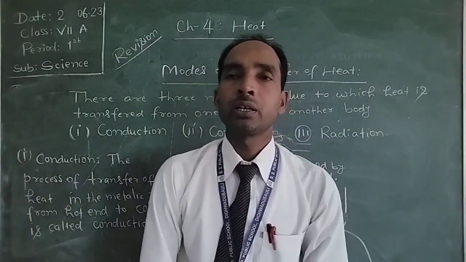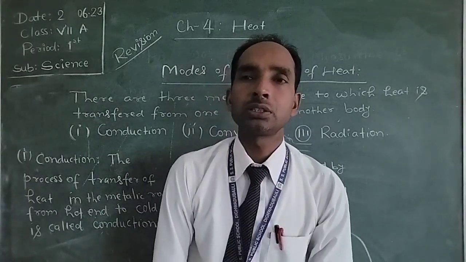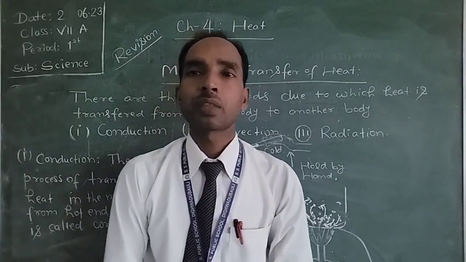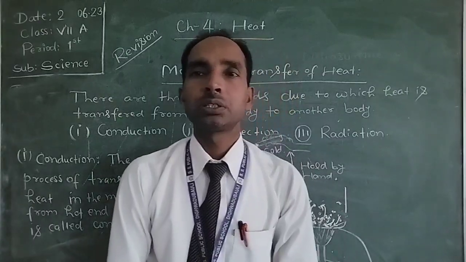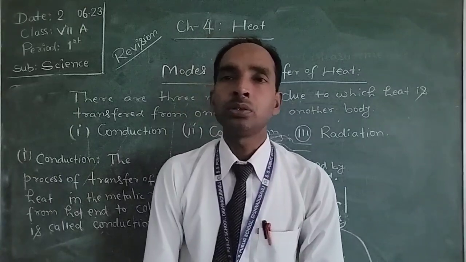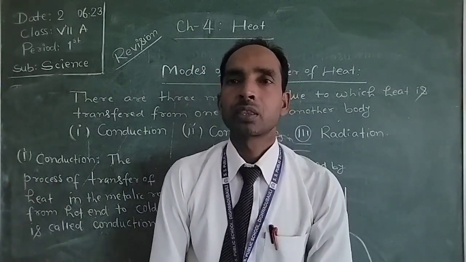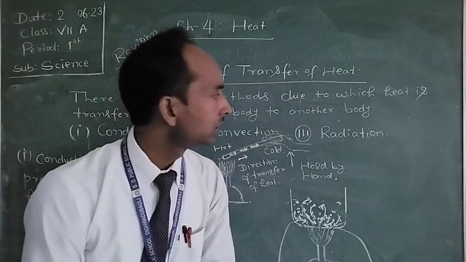So when light reaches from the sun to the earth, there is no medium between them, only the atmosphere as a medium. But how does heat transfer without a medium? So we can say that the mode of transfer of heat in which no medium is required is called the radiation method.